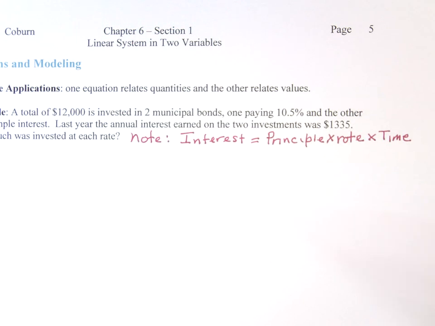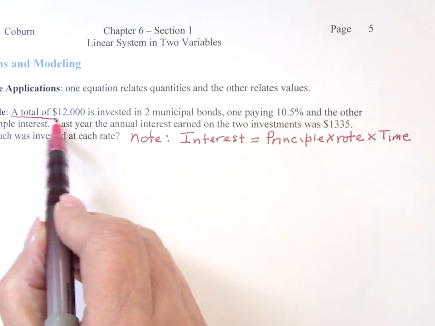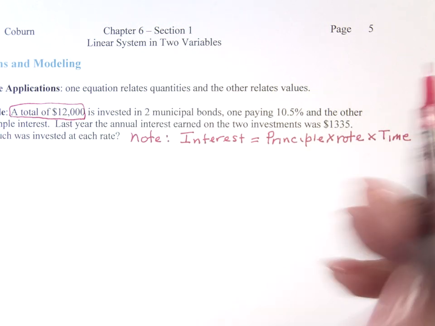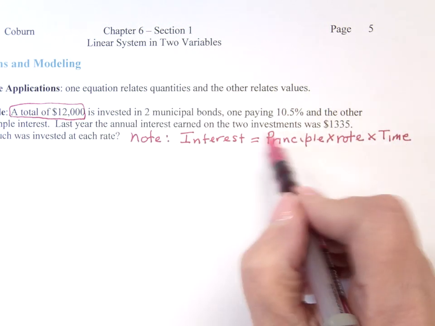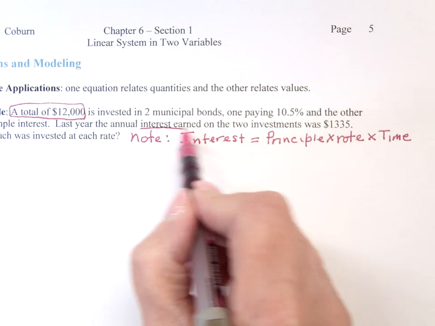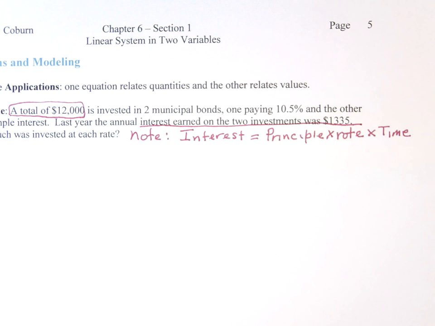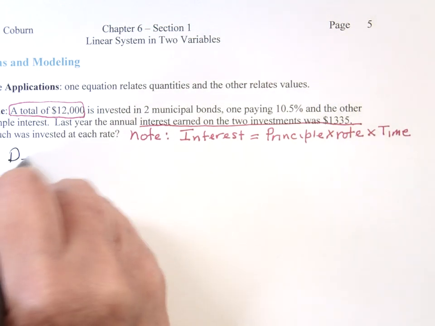So there are 2 equations here. I have a total equation and I have an interest equation. The first thing I have to do is define the variables.